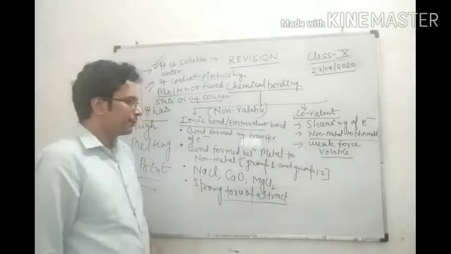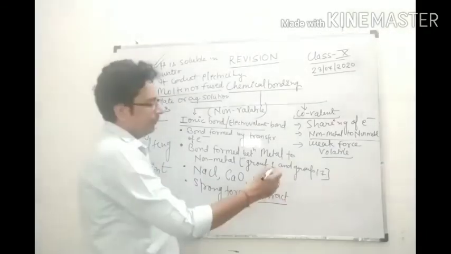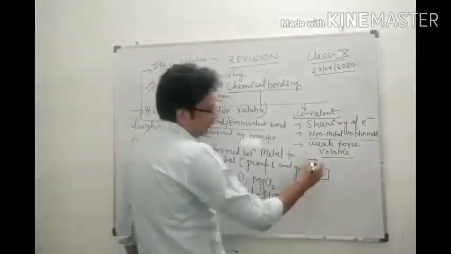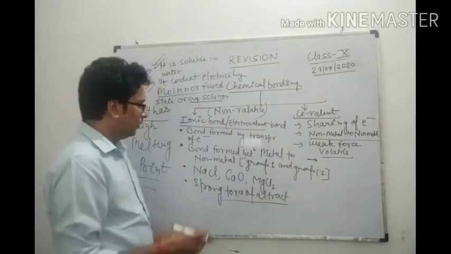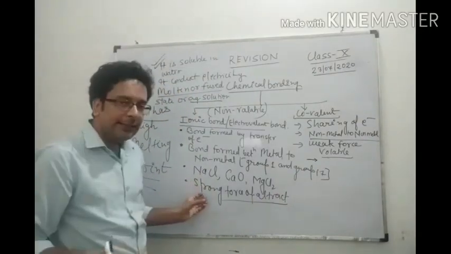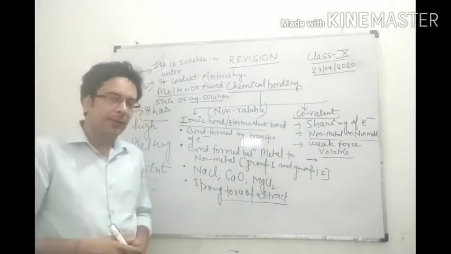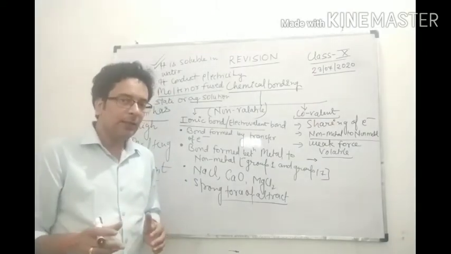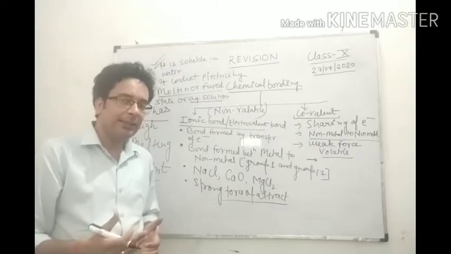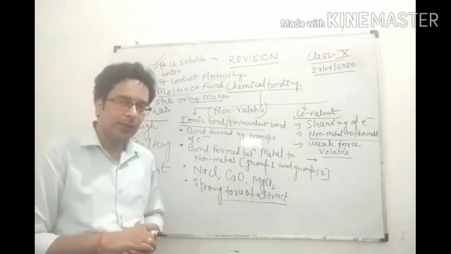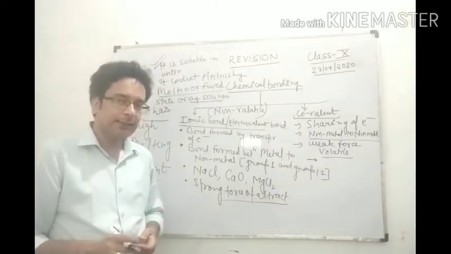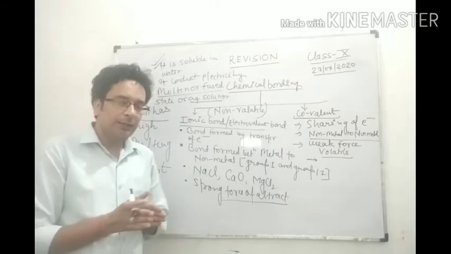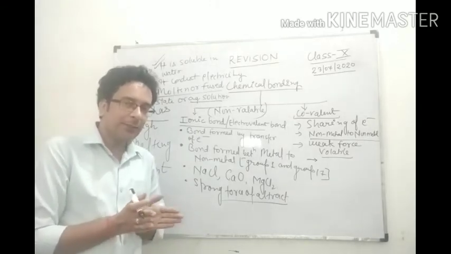Now one important point: when an ionic compound is dissolved in water, what happens? The ionic compound is already present in the ionic state, and when dissolved in water, the ions separate from each other.